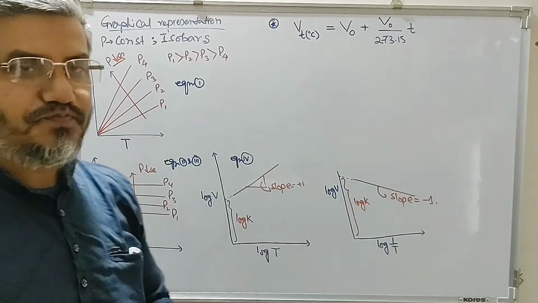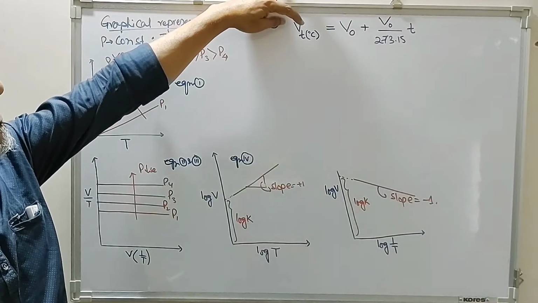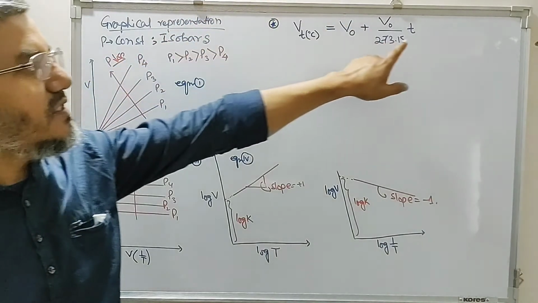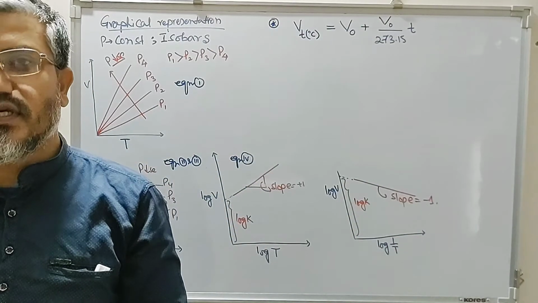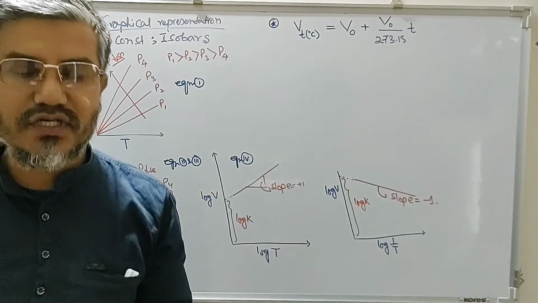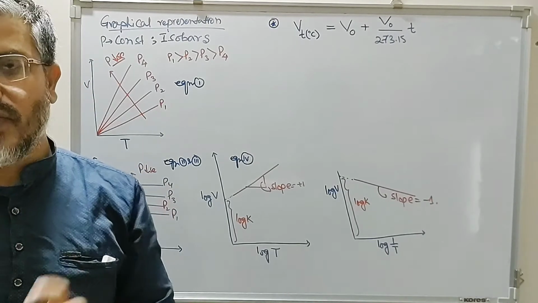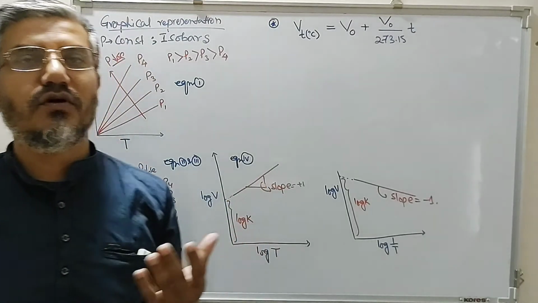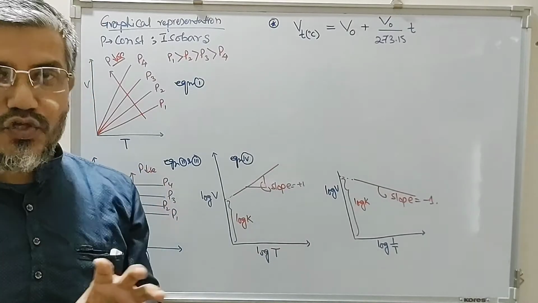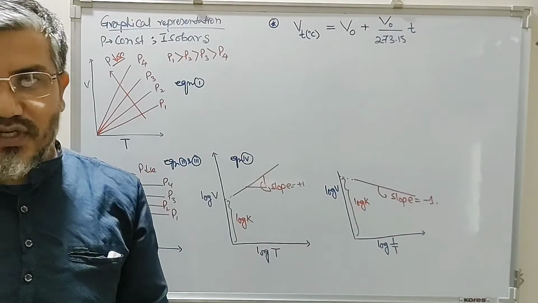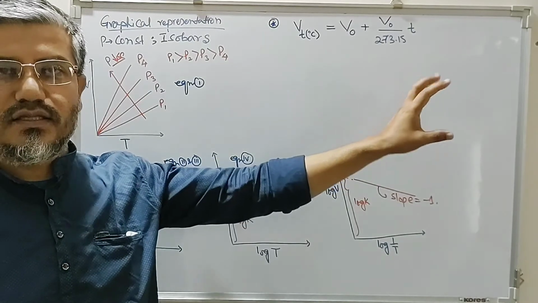Now look at the difference between the two. If the gas temperature is measured in degree centigrade, at 0 degree centigrade the gas has a certain volume; the volume occupied by the gas at 0 degree centigrade is some finite value. But in the statement of Charles law in terms of the Kelvin scale, the volume occupied by the gas at 0 Kelvin is always 0, because V is equal to kT.